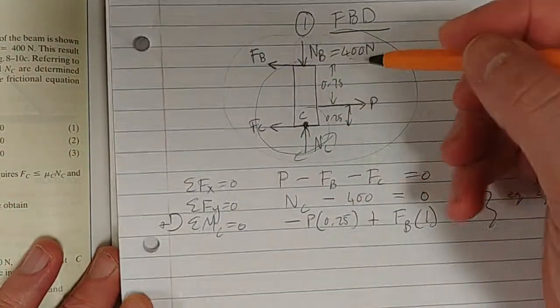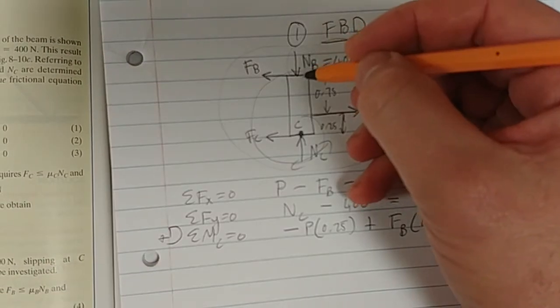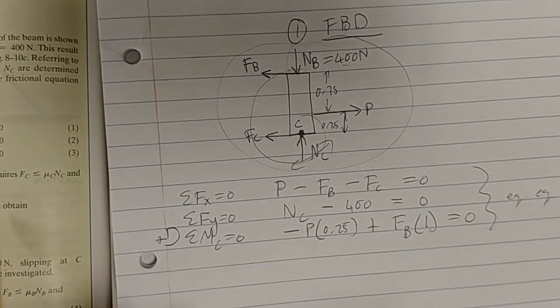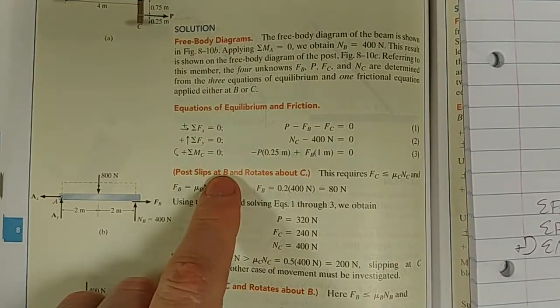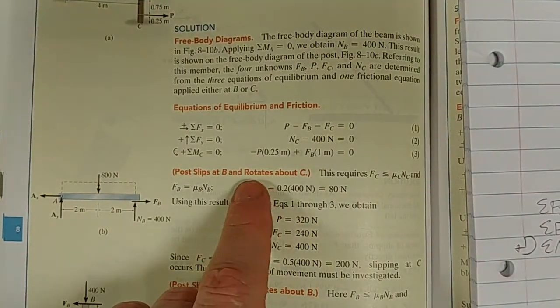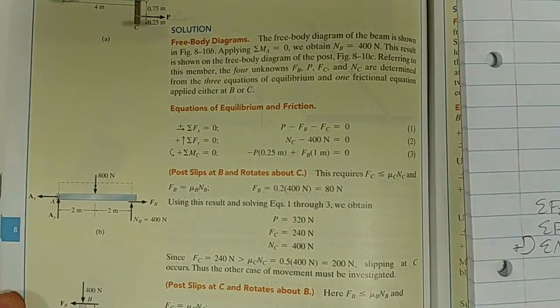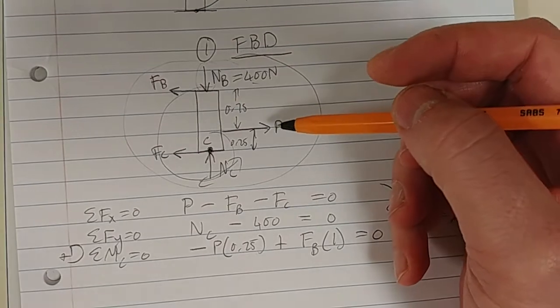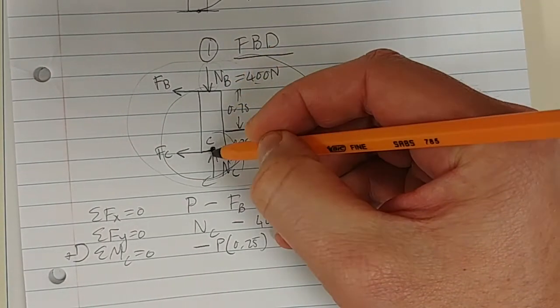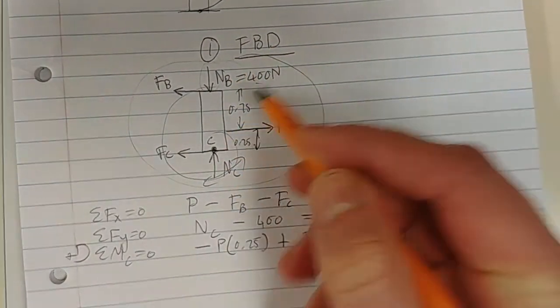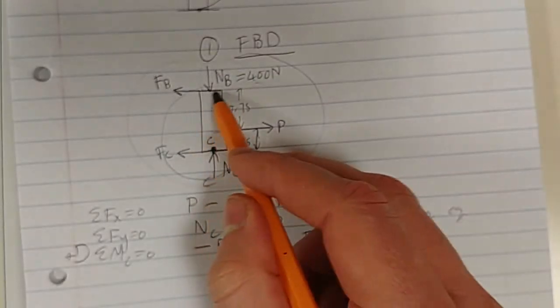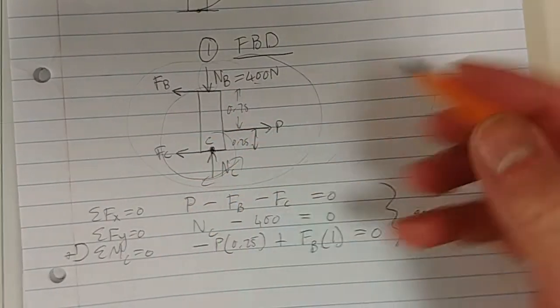Now let's see what they do first. They say, let's assume the post slips at B and rotates about C. What that means is, it slips at B and rotates about C. That means we've got impending motion at this point and not impending motion at that point.